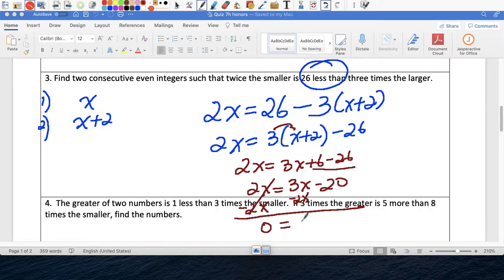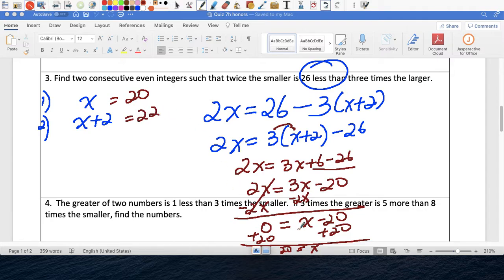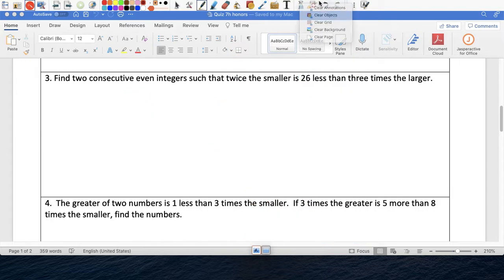And then 3x minus 2x is x, minus 23. Add 23 to both sides, and x equals 23. So that makes the first number 23, second number 24. If you have time, you can take that and plug it in over here and do your check.